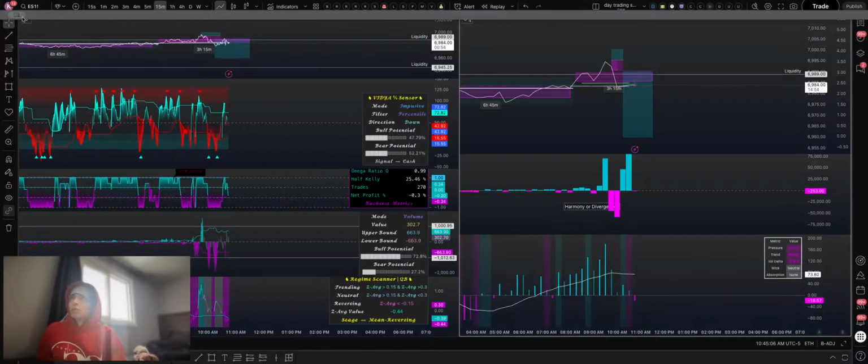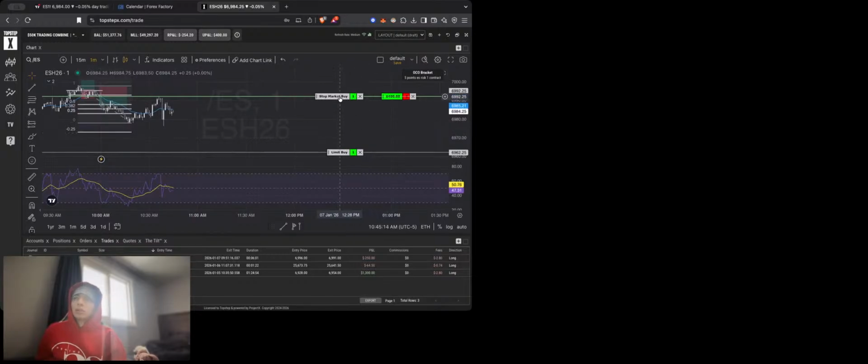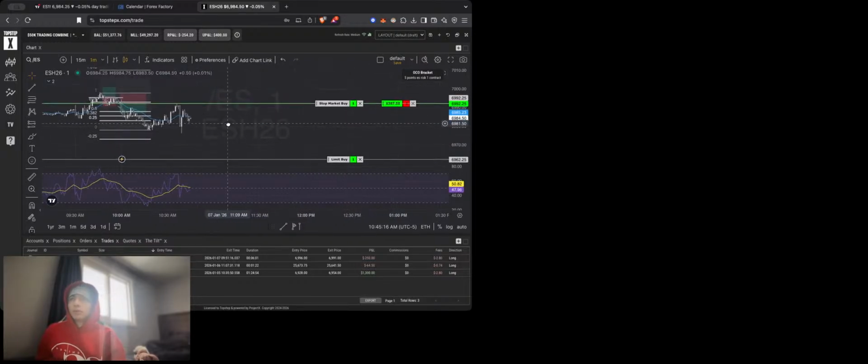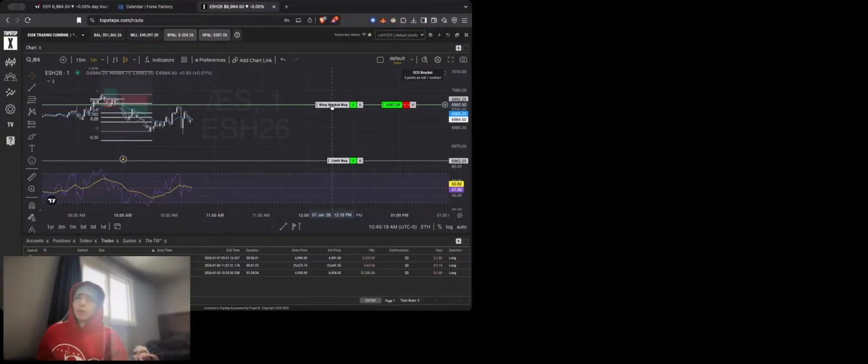Close bullish and open bearish. Thinking I want to exit this trade because it's just not doing anything. Do we exit or hold?